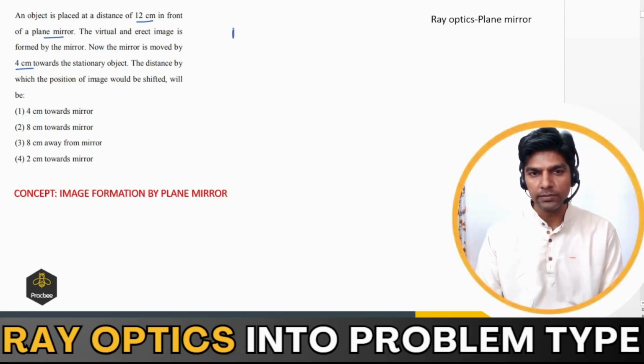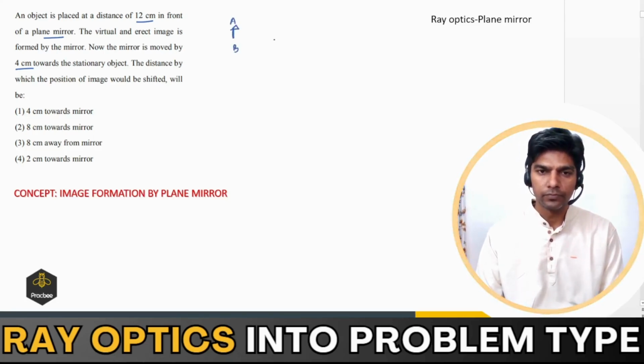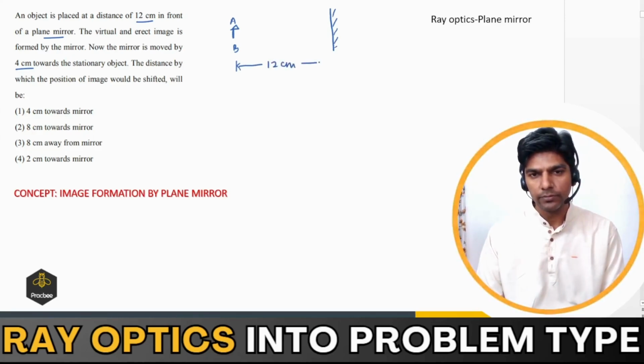Let us say this is the object AB, and this is the mirror. It is placed at a distance of 12 centimeter from the mirror, so its image will be formed 12 centimeter behind the mirror. If I show the image in red color, this is the image, A prime, B prime, and this distance is also 12 centimeter.